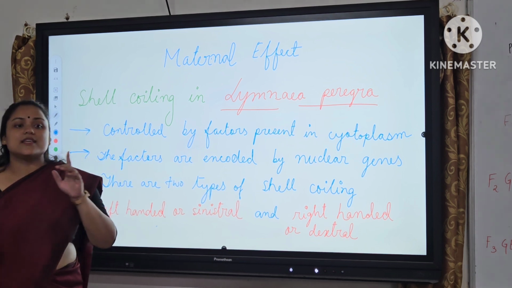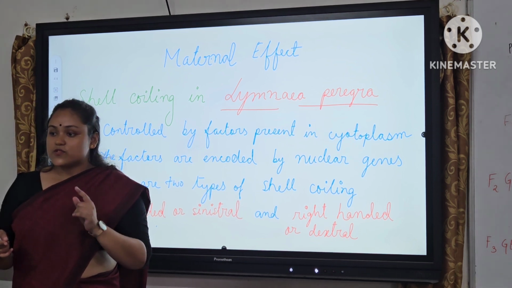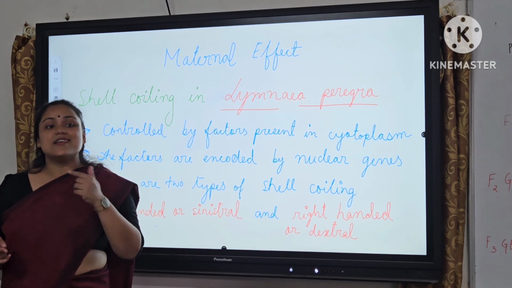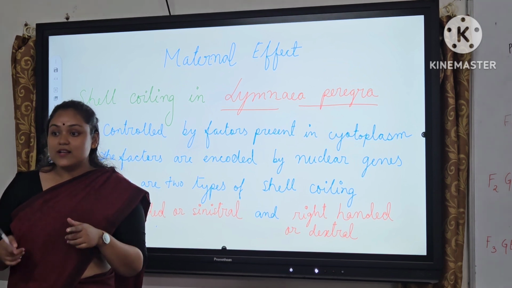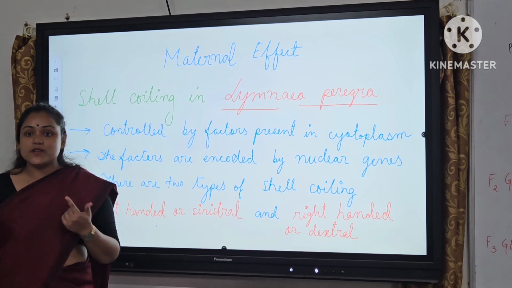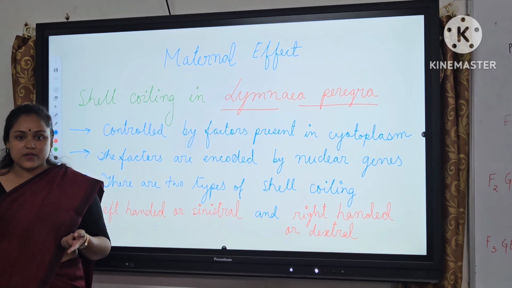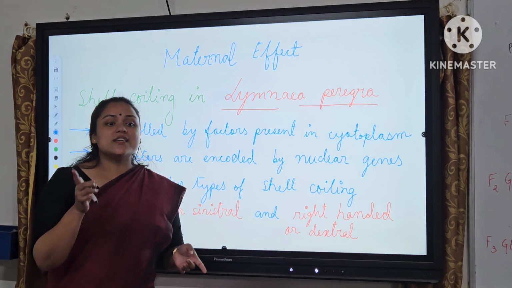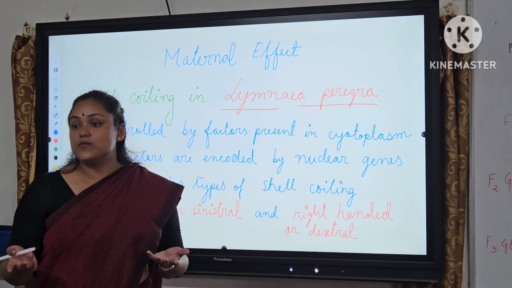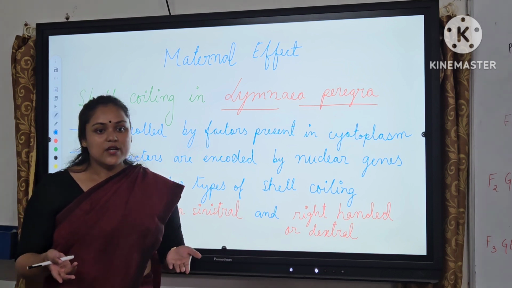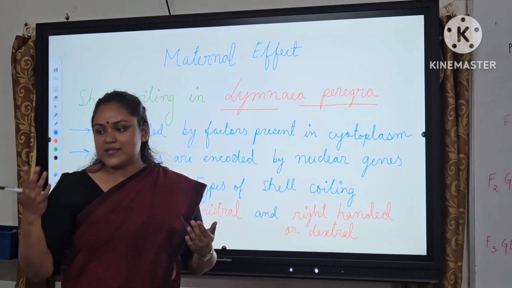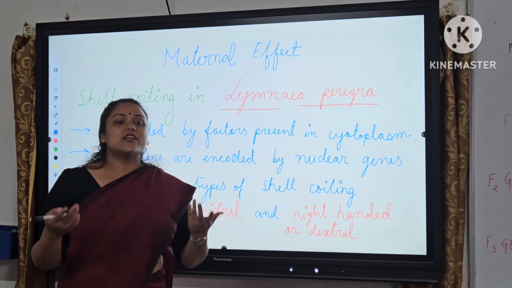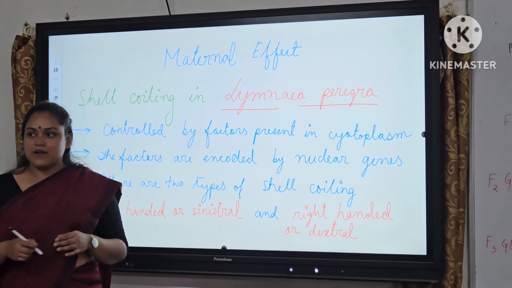If it is capital T, it is tall. If it is capital T and small t, then also it is tall. Why? Because T is dominant. Small t and small t will give a dwarf organism. So the genetic makeup is the alleles that we see, capital T, small t, and phenotype is what we see from outside.